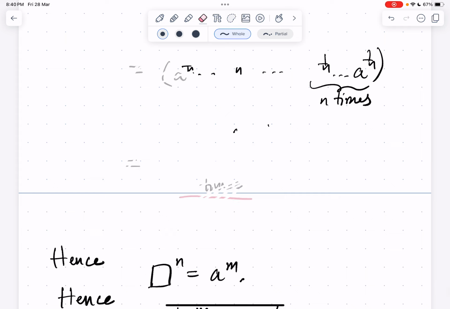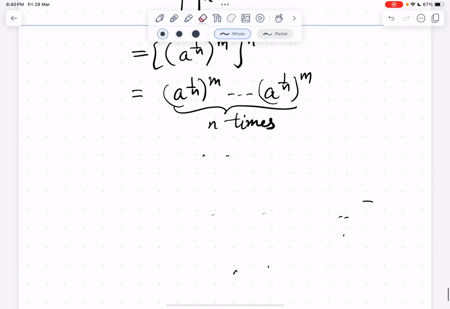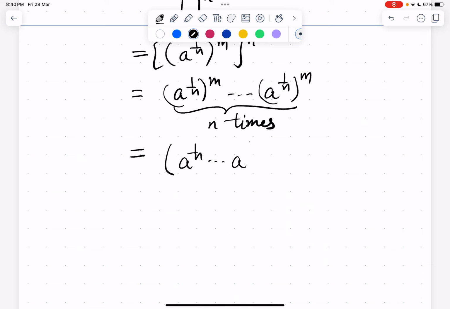What we can write though is that we are able to take things n times. So till here it's fine. Then we need to write this as a^(1/n). It turns out we can write this as (a^(1/n))^m.